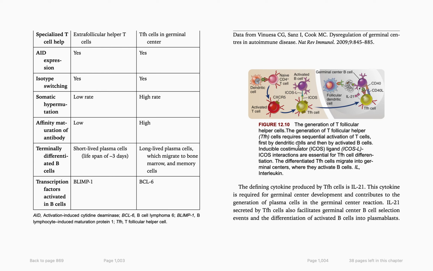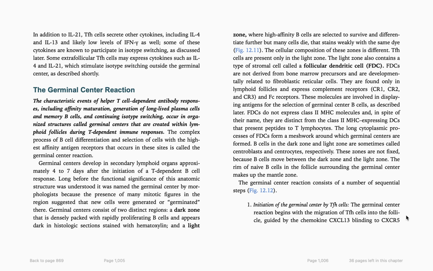So the defining cytokine produced by T follicular cells is interleukin 21. This cytokine is required for germinal center development and contributes to the generation of plasma cells in the germinal center reaction. Interleukin 21 secreted by T follicular cells also facilitates germinal center B cell selection and differentiation of activated B cells into plasmablasts.